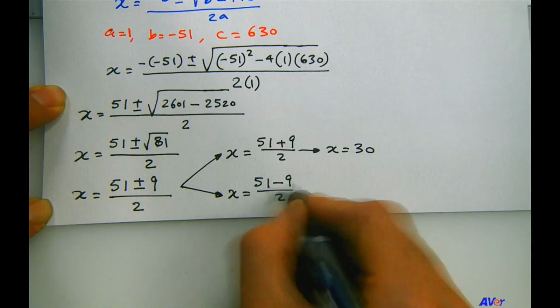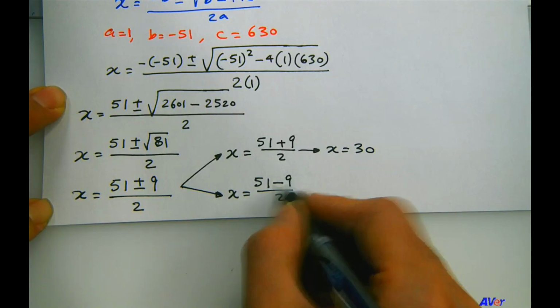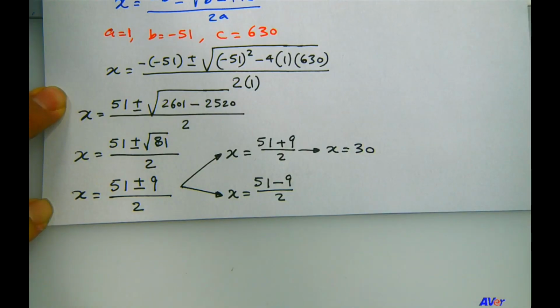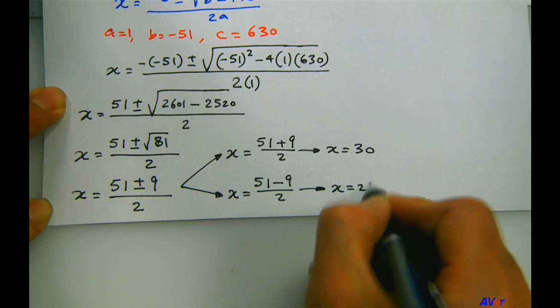Here, 51 minus 9 will be positive 42 divided by 2, which is 21, right? So let me just make sure. 42 divided by 2 should be 21, yes. So here x is equal to 21.